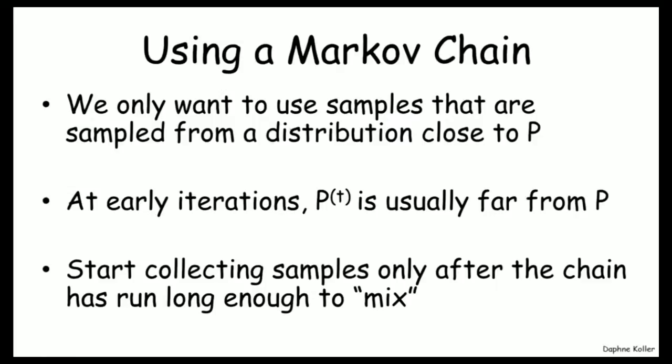And that state is called mixing. So mixing is when P of T is close enough to pi, so that your time t distribution is close to the stationary. And that's the point at which I could say, good enough, I can start collecting samples.